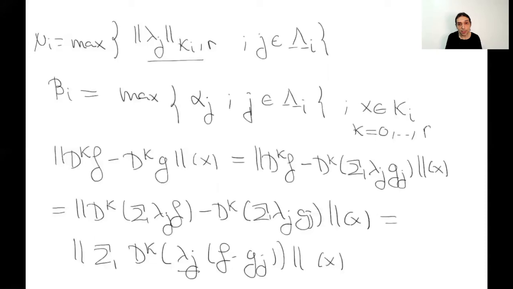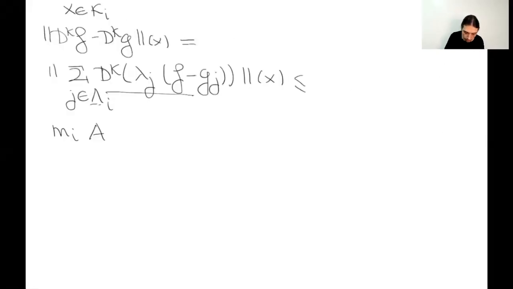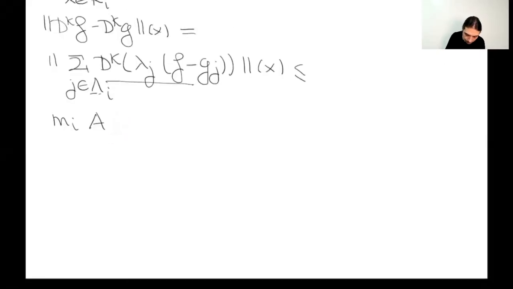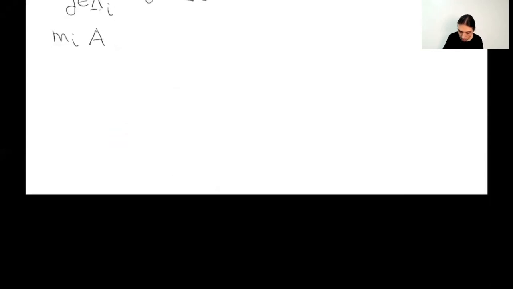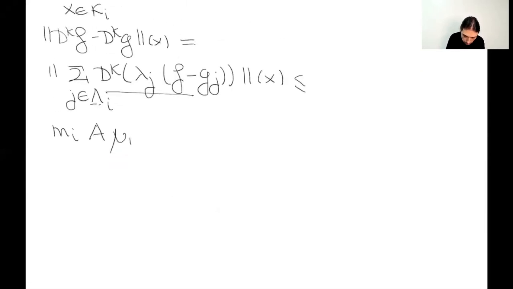That's going to be less or equal than mu_i. So here we have mu_i. Very good. And finally, we need to give an estimate for this, for the derivatives up to order r.